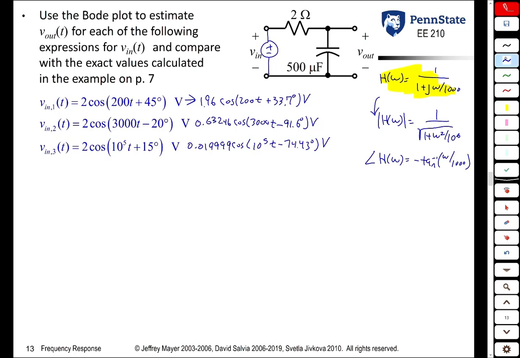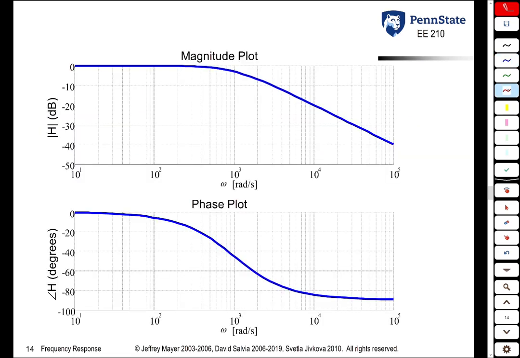So in the case where omega is 200 radians per second, if you go to the Bode plot, 200 radians per second is this line right here. So eyeballing that, you really don't see that amplitude being anything different than 0 dB.